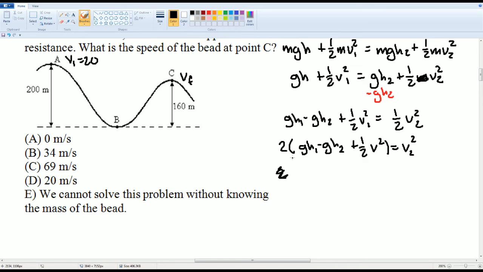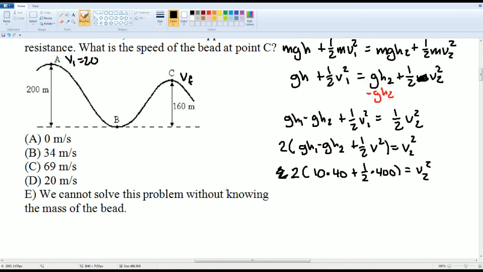I'm just going to find the value of this first, okay? So let's just plug this in. This can just become 10 times, what is this, h1 minus h2 just becomes like 40 meters, plus 1 half 20 squared, which is what? 400.